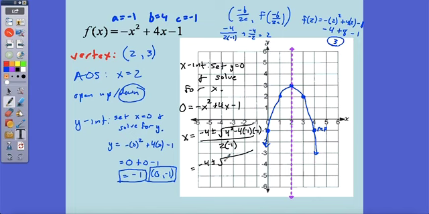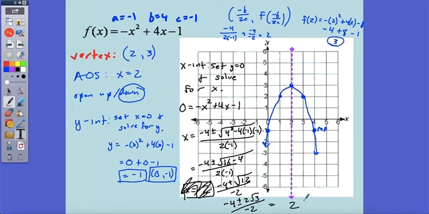So I'm getting 16 minus 4. So we're at negative 4 plus or minus the square root of 12 all over negative 2, which simplifies into negative 4 plus or minus 2 root 3 all over negative 2. So 2 plus or minus negative 1 root 3, so I can just say 2 plus or minus root 3 would be your x-intercepts.